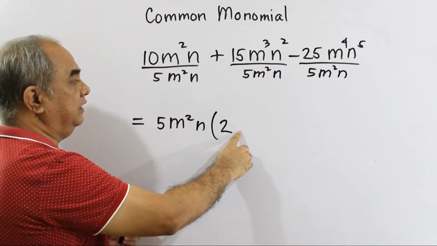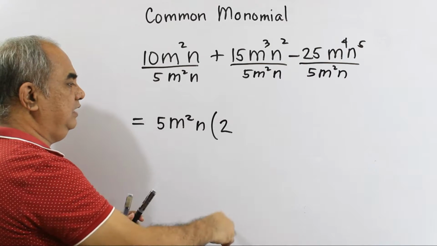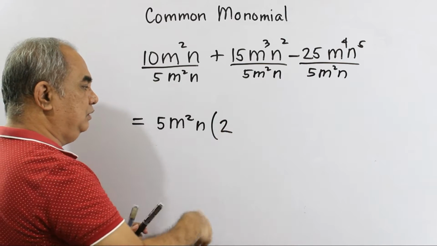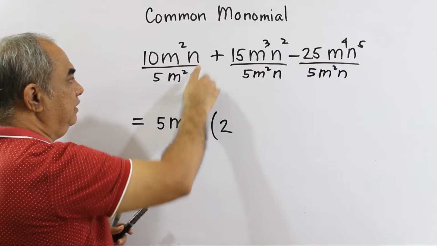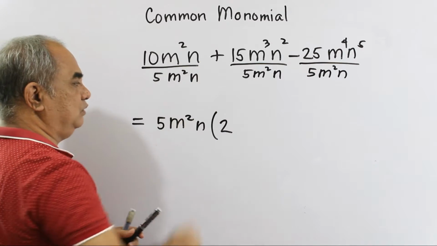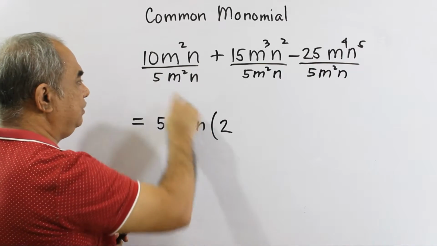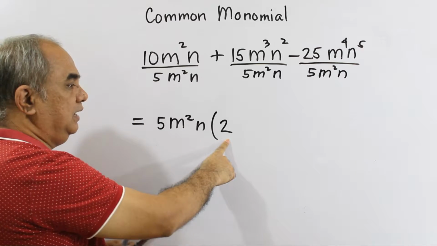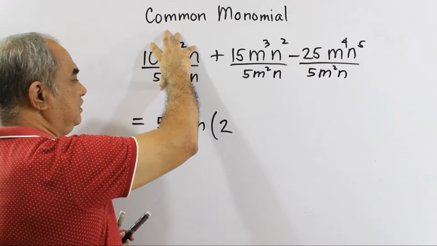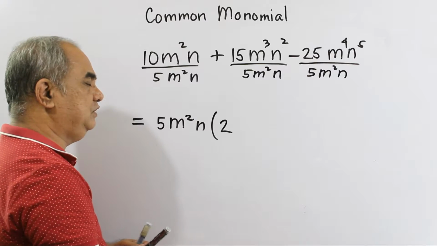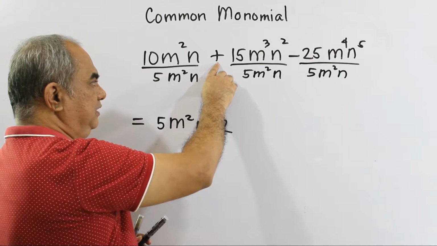You're not going to write the 1 here anymore, because 1 times any number will give us the same number. Here also we have to cancel the n's. So the only quotient for this term is 2. So we have answered this term. We proceed with the next term. We have to copy this sign here.